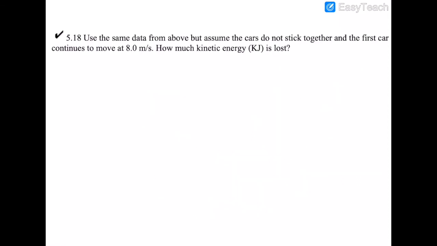Okay, so we're going to do the same kind of situation. We have a 6,000 kilogram car moving at 20, and we have the 4,000 kilogram car moving at 0. That's before the collision.